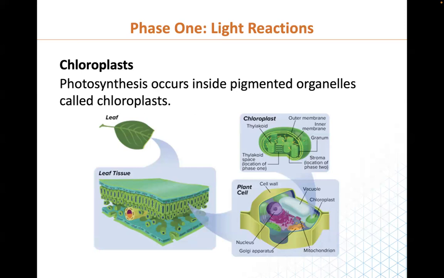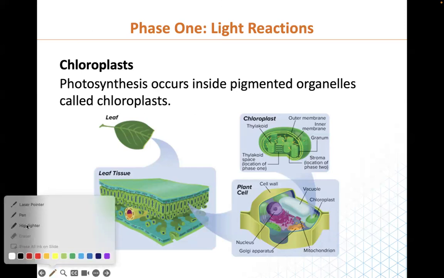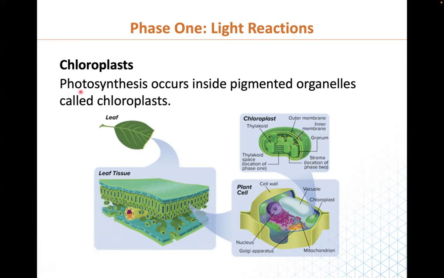Now this picture will give you a better understanding of what I'm talking about. Photosynthesis occurs inside the pigmented organelles called the chloroplast. Let's say you dissect the leaf this way. This section here is a leaf tissue. If you view this under the microscope, you will see the chloroplast inside.